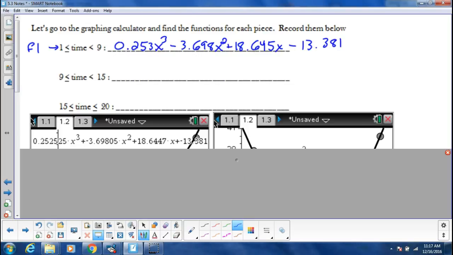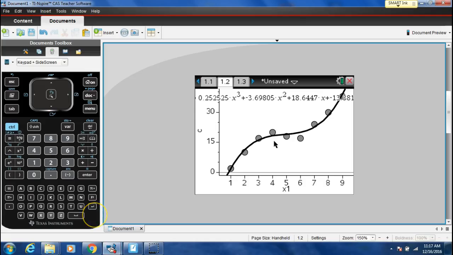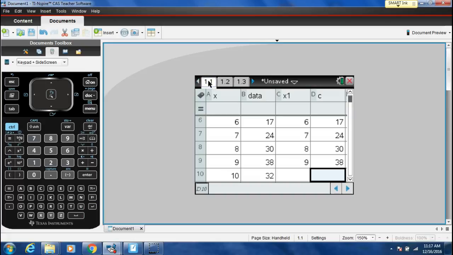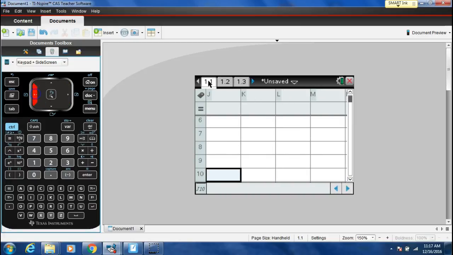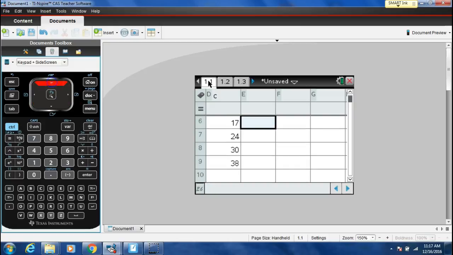Now we got to create one for our quadratic. So back into the calculator. I need to go back into my spreadsheet. Then I need to go into my next column.